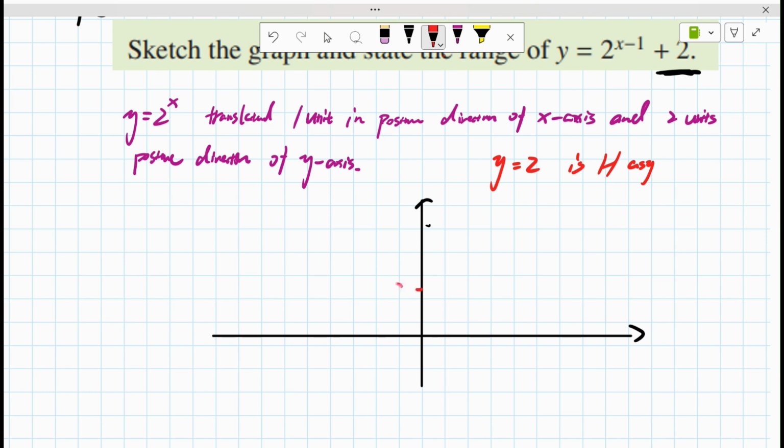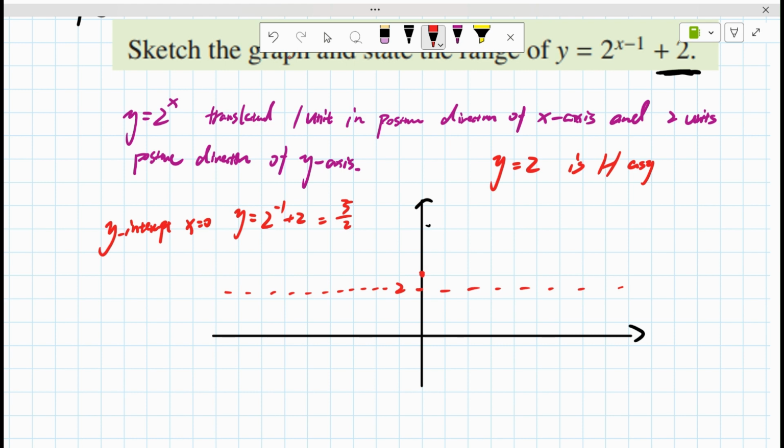And we're going to find the y-intercept, which is x equals 0. So y equals 2 to the power negative 1, plus 2, which is 5 over 2, so about 2.5.